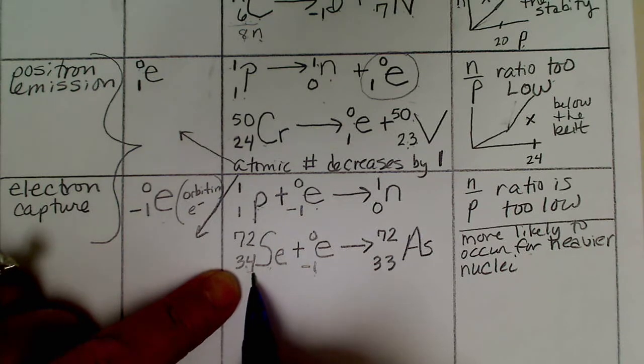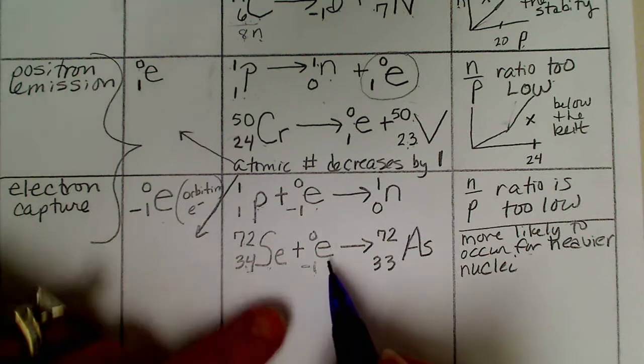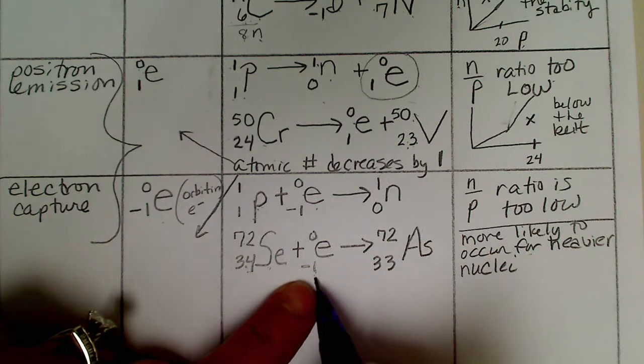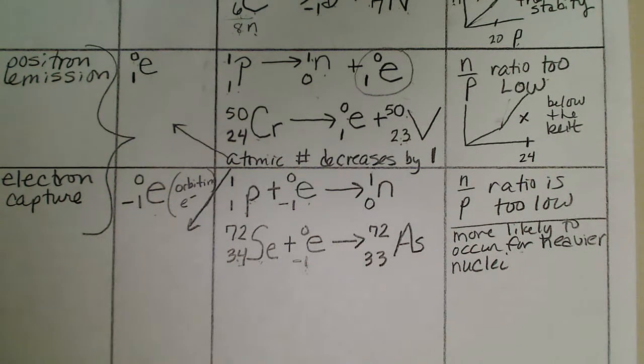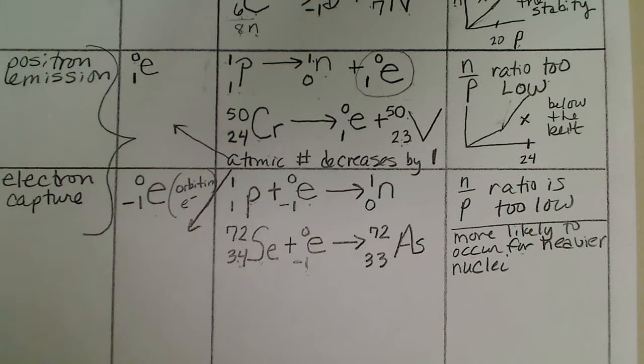So the greater the charge in the nucleus, that means the more positive it is. So the more positive the nucleus is, the more likely it could actually attract an orbiting electron into that nucleus. So it sort of lures the electron toward it.